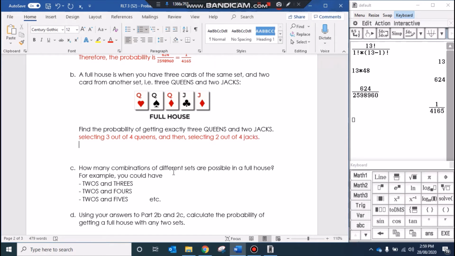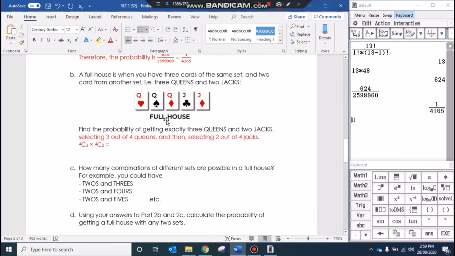So as combinations, what this looks like is we've got 4 queens and we're choosing 3 of them. And, because it's "and", we multiply, and we're choosing 2 jacks out of a possible 4 jacks.